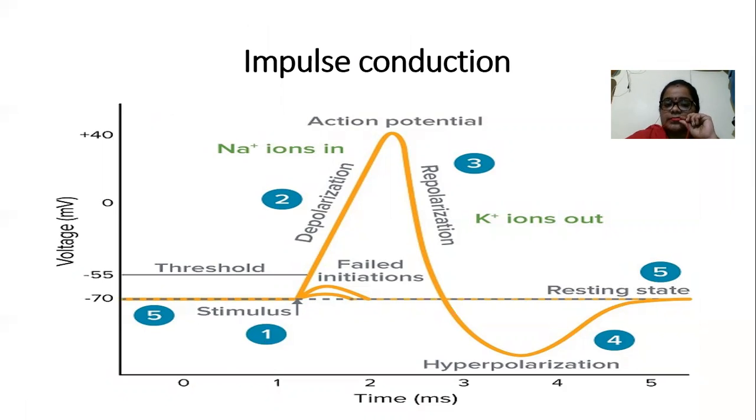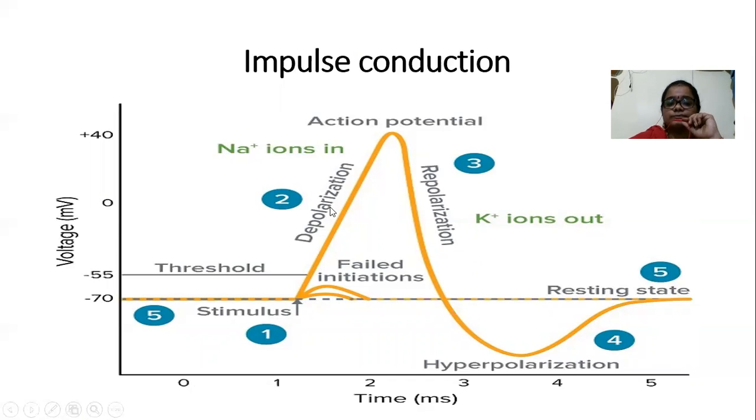In resting condition, the membrane potential is minus 70 millivolts. But when it is exposed to a stimulus, depolarization happens. There is a high influx of sodium, the positive charges increase, there is inactivation of the potassium pump, and there is production of the action potential.